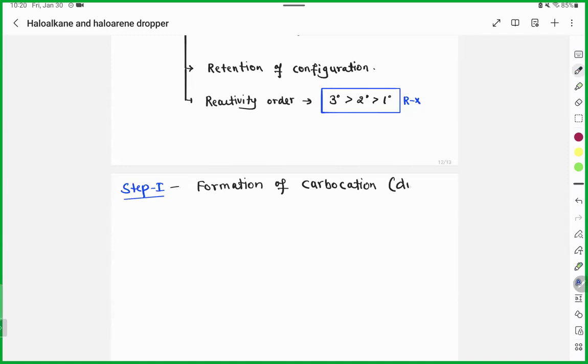And this formation of carbocation is like divorce. This divorce process takes longest time and it can reverse. That's why you will call this step 1 a rate determining step, RDS. It will decide whether reaction will proceed or not, how much time it takes. Because husband wants to have the second marriage, but divorce is taking maybe 10 years. Not possible. So it is a slow process.